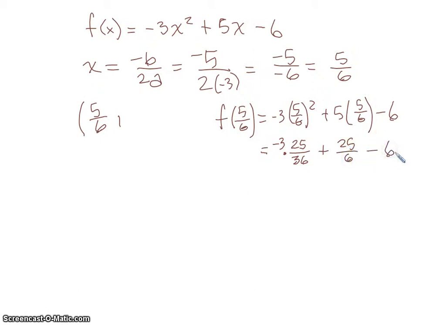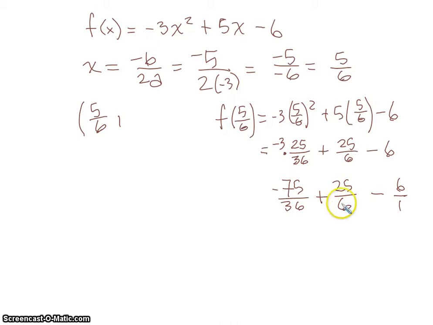Take away 6. Now I'm multiplying this fraction by -3, so the numerators I multiply, so that's going to be negative 75 over 36 plus 25 over 6, take away 6 over 1. And it might be helpful to get a common denominator here. I've got a denominator of 36, a denominator of 6, and a denominator of 1.